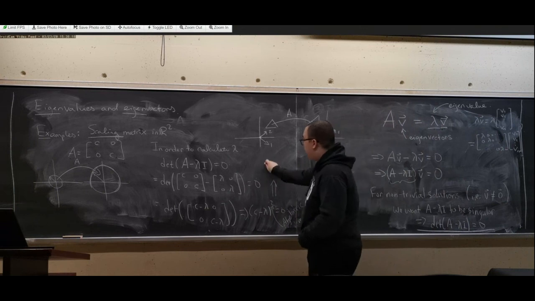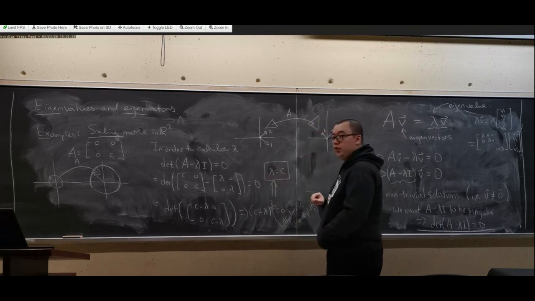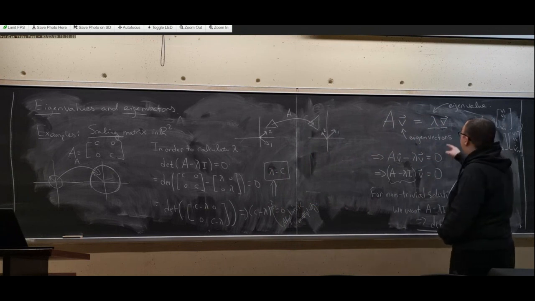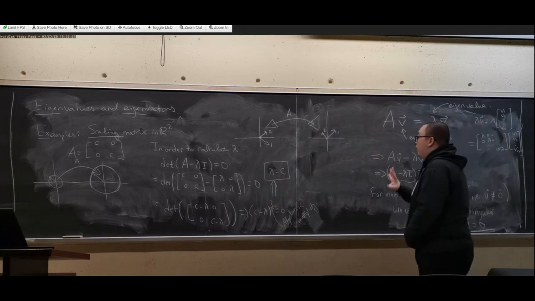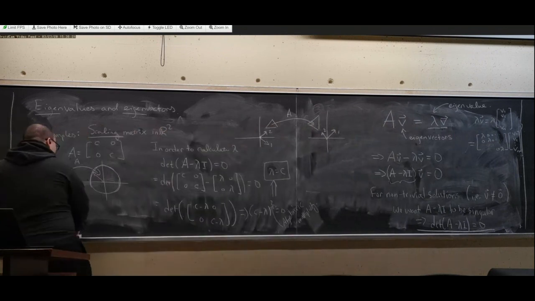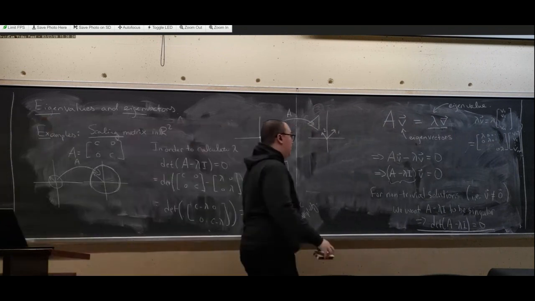In the end, we get lambda equals C, which confirms it. The eigenvalue in this case should just be C. We should just scale everything by C, including the eigenvectors. Okay, so let's compute what the eigenvectors are then.